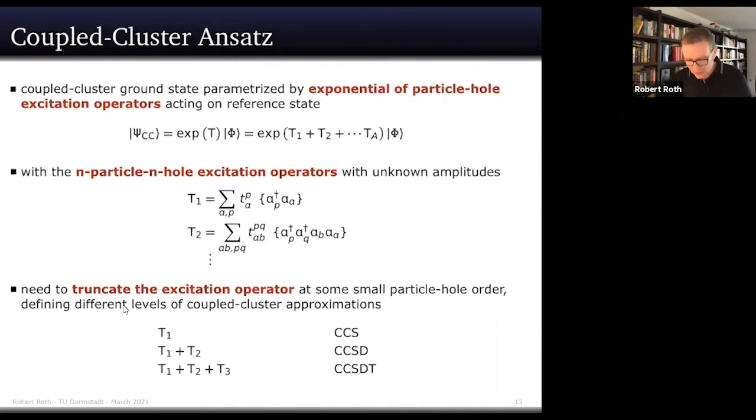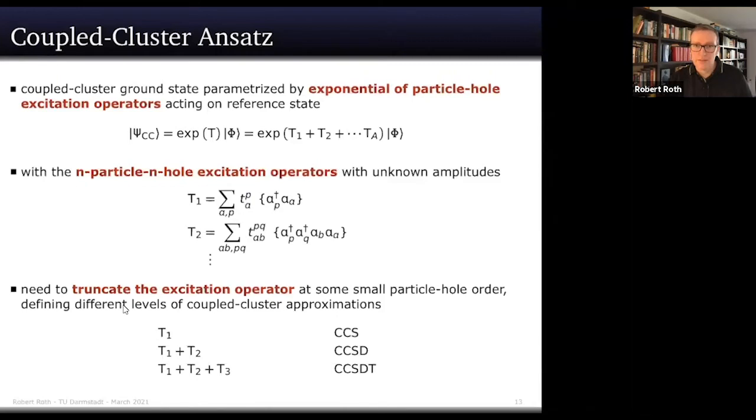And you can understand why if you, in the back of your head, just do a Taylor expansion of this exponential. Then you get a sum over all different powers of this exponent. And this exponent now is a sum of 1 particle 1 hole, 2 particle 2 hole, and so on.